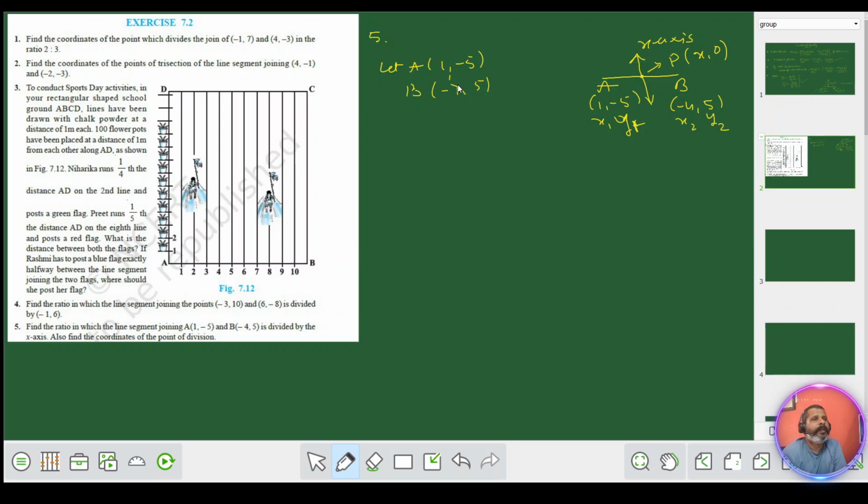We know that a point on the x-axis is of the form P of x comma 0. So we'll calculate the ratio now. Therefore P of x comma 0 equals, we'll see the ratio they want.